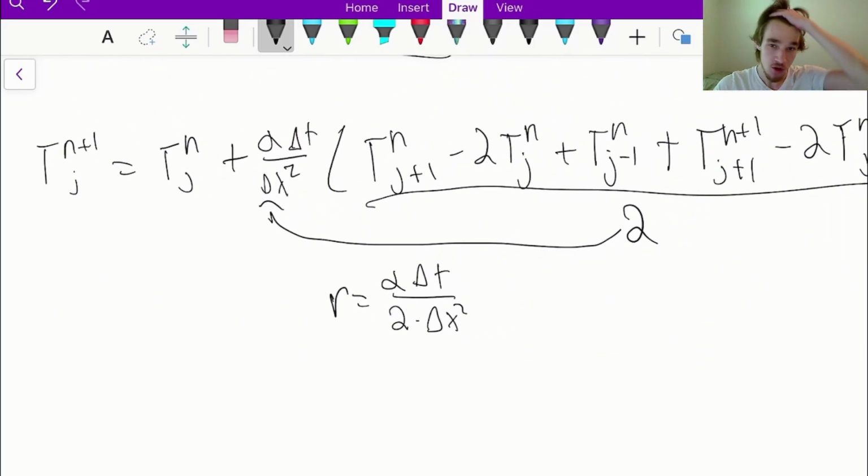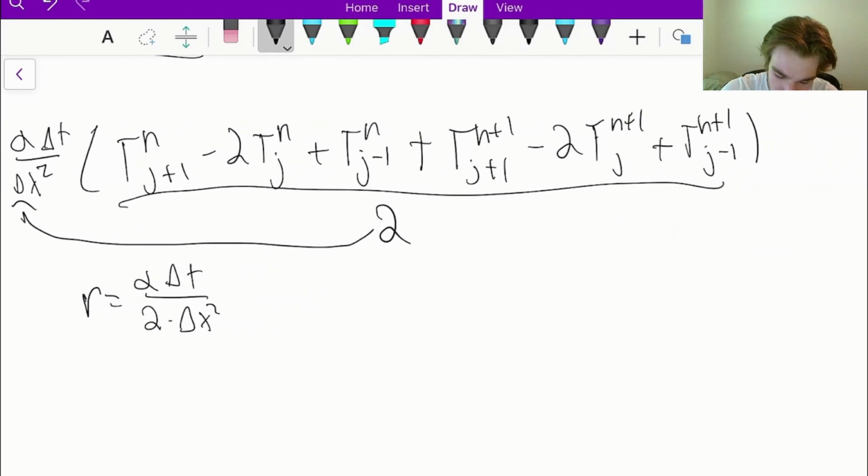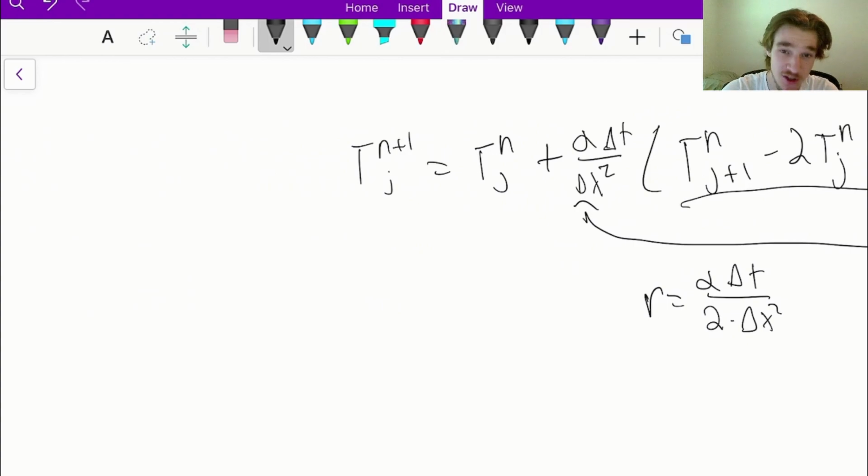So now what we're going to do is simplify this a little bit, and to do that we're going to move all of these T n plus 1s onto the same side, over on the left side here.